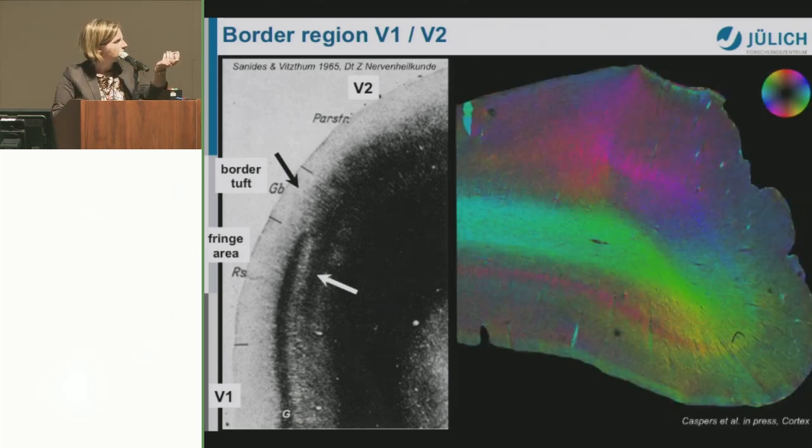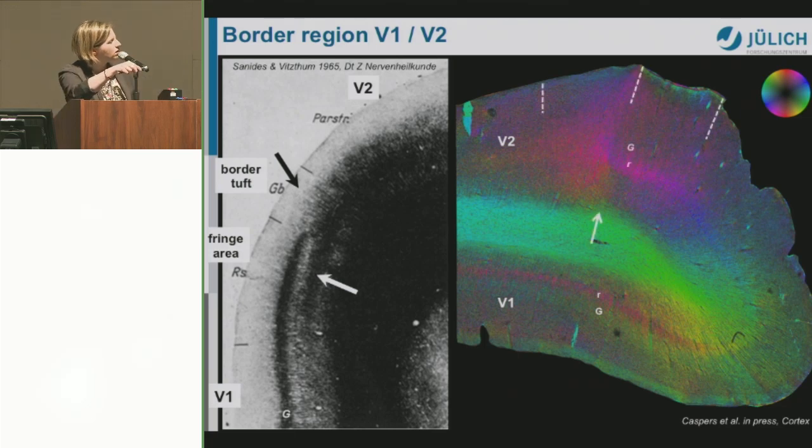And as we could show in our study, based on polarized light imaging, this border tuft is particularly complex in humans. You again see area V1 with a Gennari stripe and area V2. In the border region, there is some complex fiber organization.